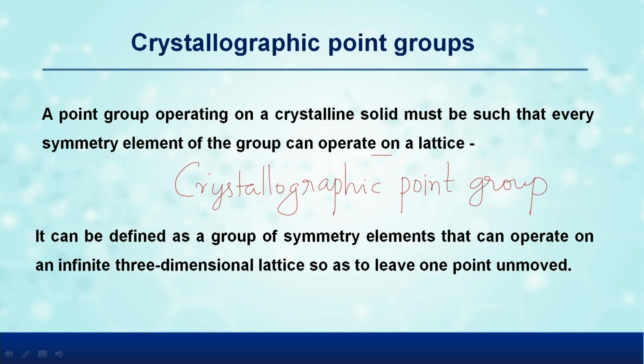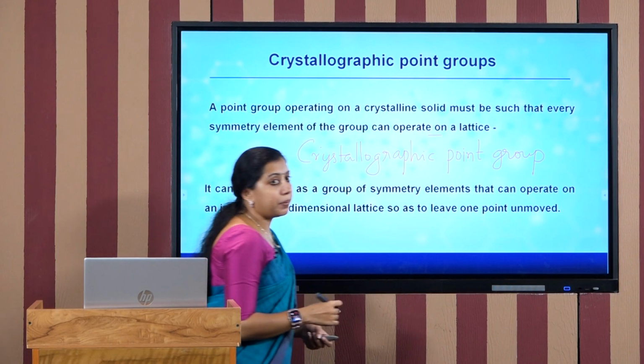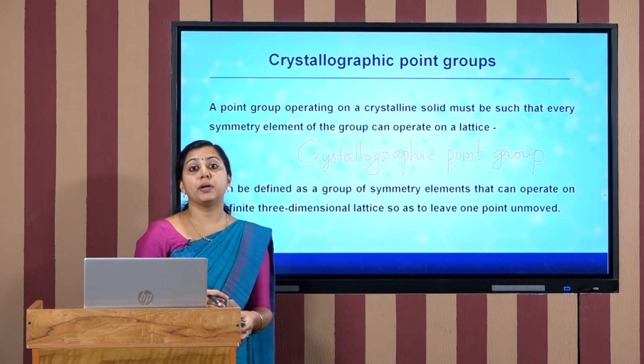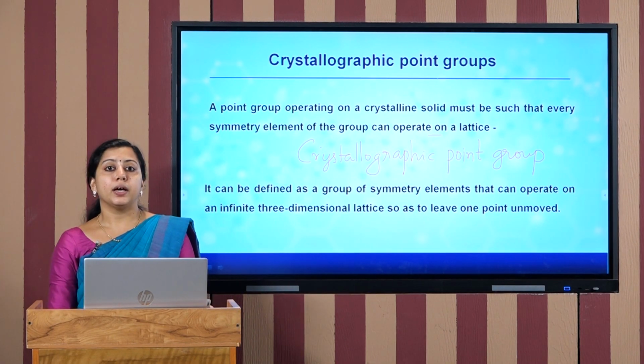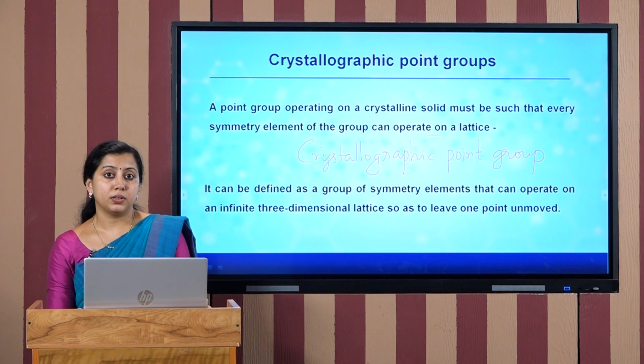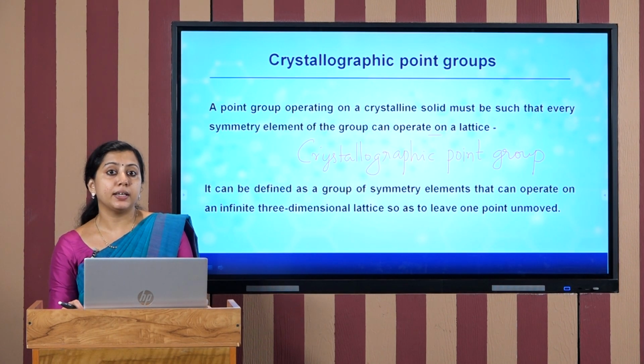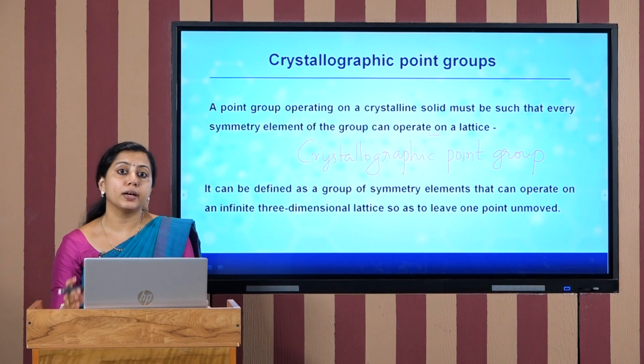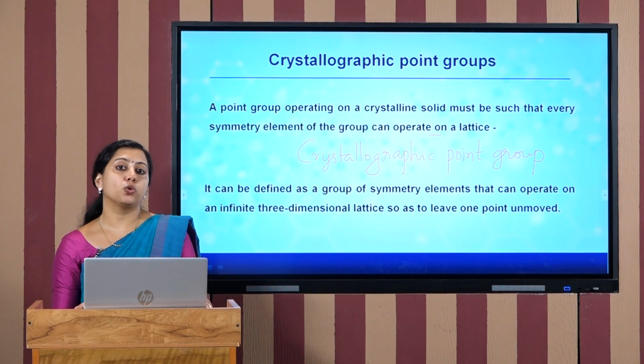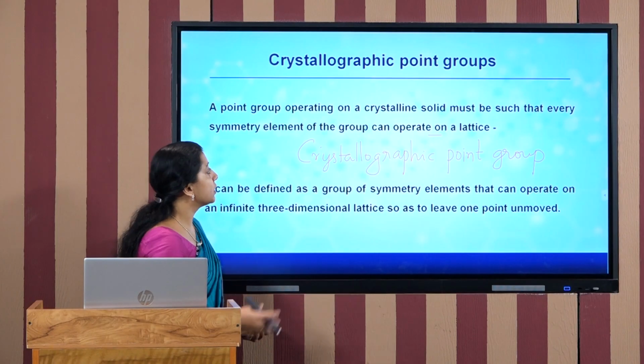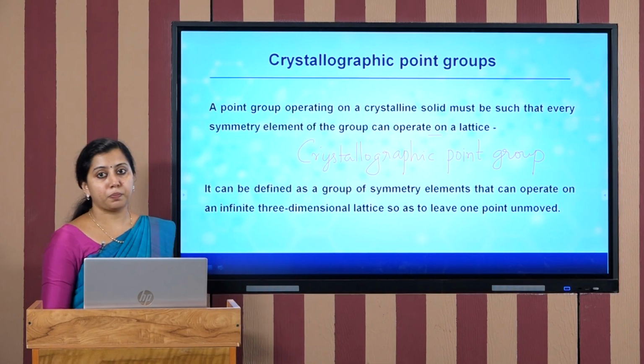So, if we consider a crystal lattice, there will be a group of symmetry operators, and a point group operating on a crystalline solid such that every symmetry element of the group can operate on that particular lattice is termed a crystallographic point group.